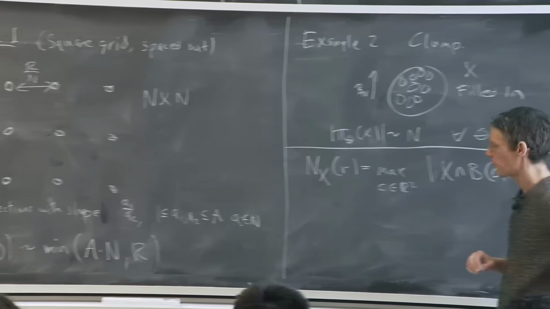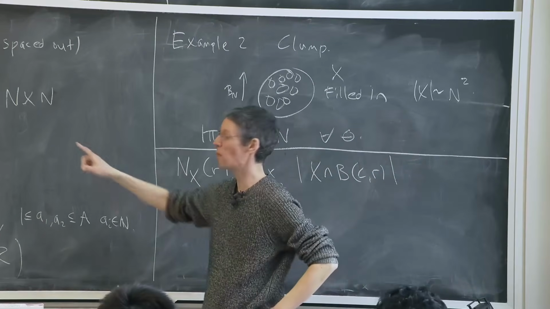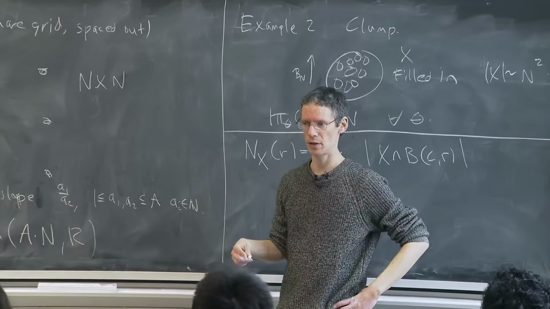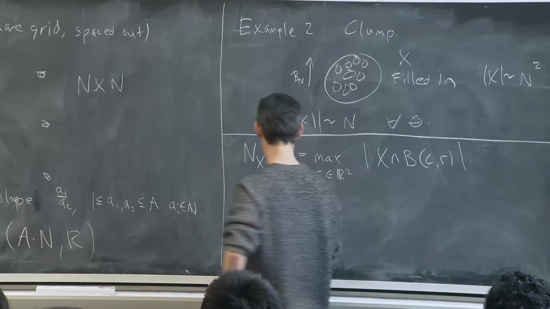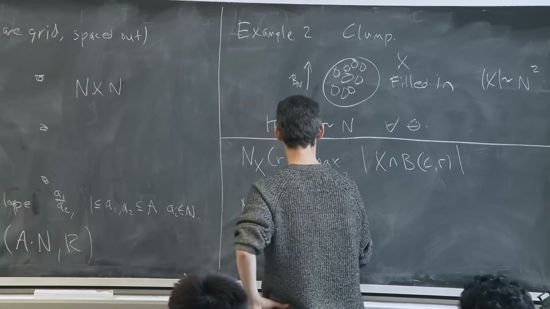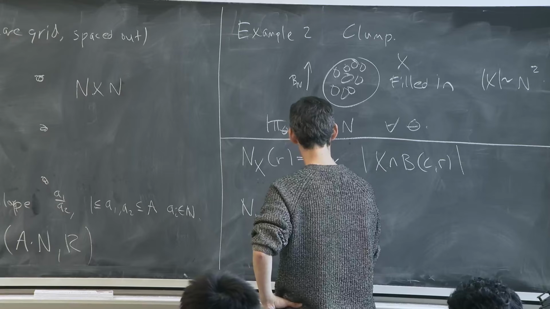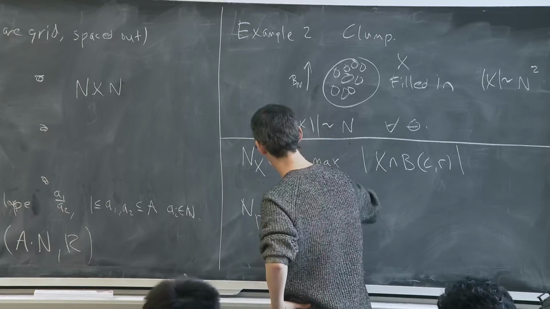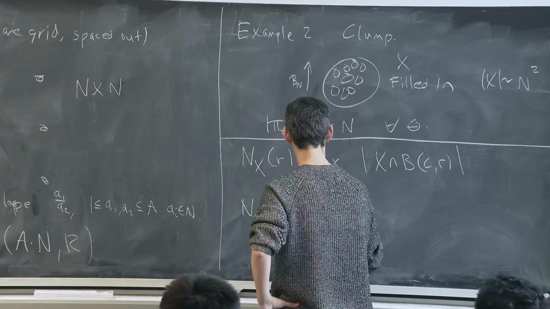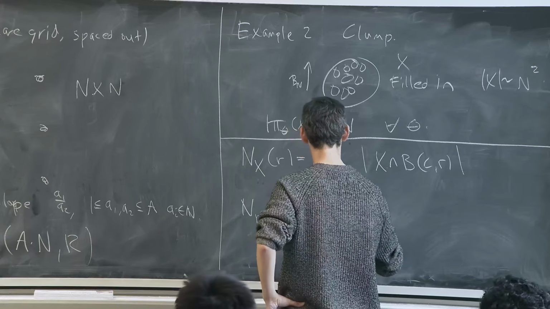OK. And it turns out it doesn't just matter how our set of points is spaced. It also matters how our set of directions is spaced. So we'll talk about that also. So n sub d of r is the maximum, actually, I'll give this another letter, I'll call it rho, over any arc of length rho in S1.